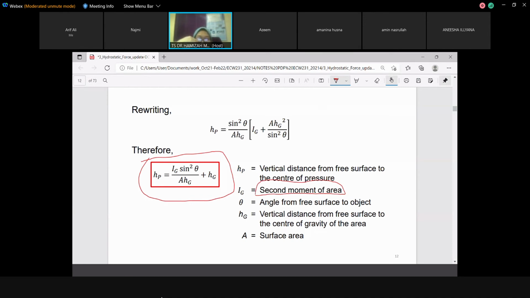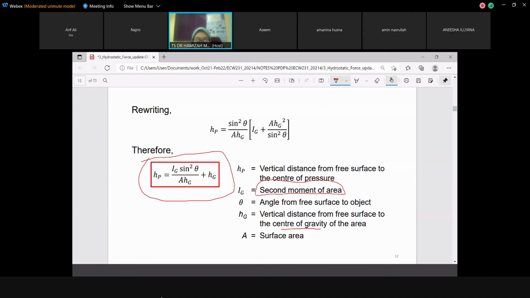And then divided by area darab dengan HG. HG ialah vertical distance to the center of gravity. Okay, and the area pun sama, area containing fluid or area displaced fluid.